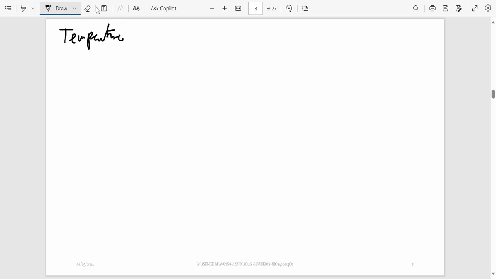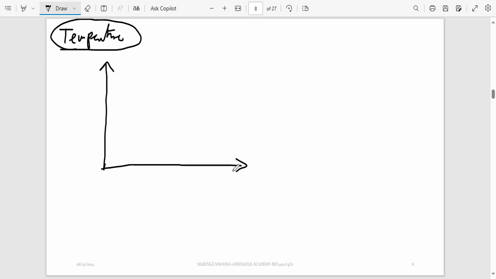So we need to be able to understand how temperature affects the rate of enzyme catalyzed reaction. Say we have got a reaction diagram here. This side we are talking of the rate of the enzyme catalyzed reaction. This side is showing temperature.